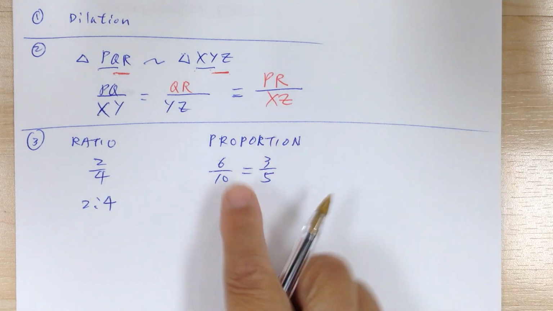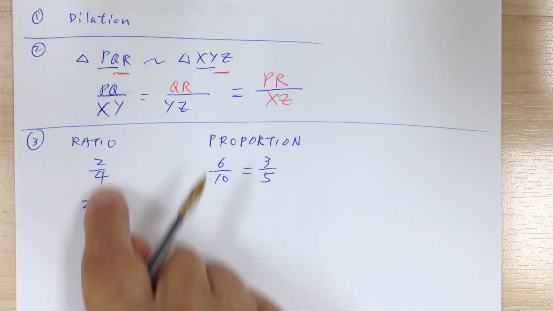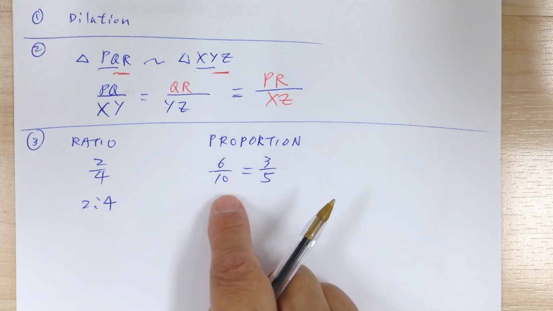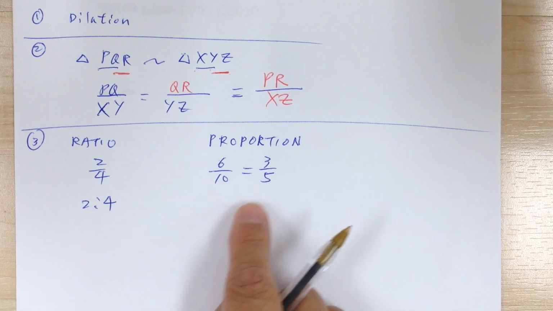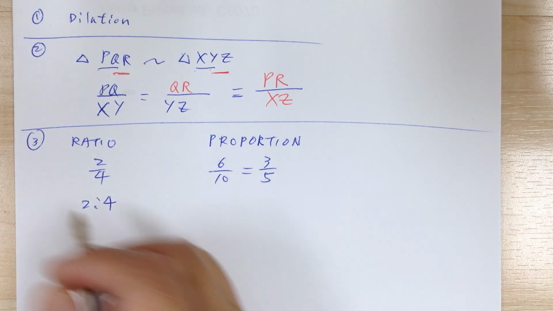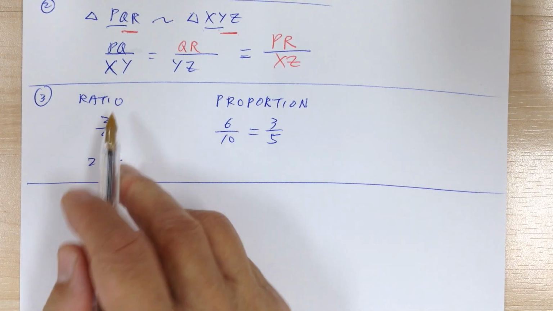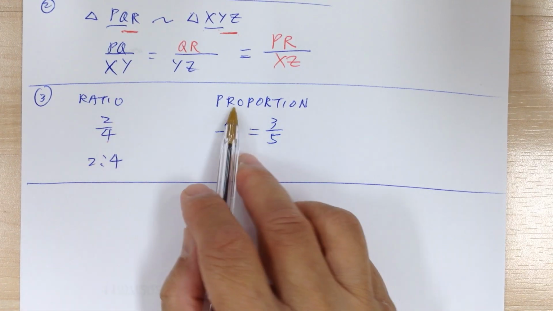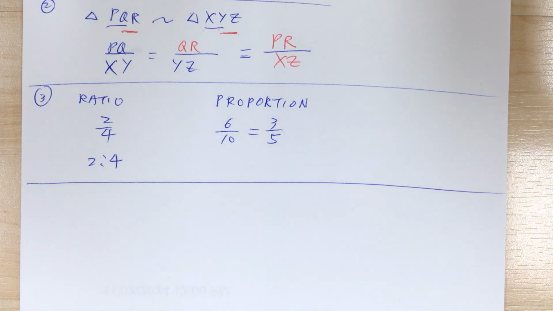This is an example of a proportion. Again, a ratio compares two numbers, and you can write it this way or this way. A proportion is when you have two ratios that are equal to each other. That's the difference between the two.